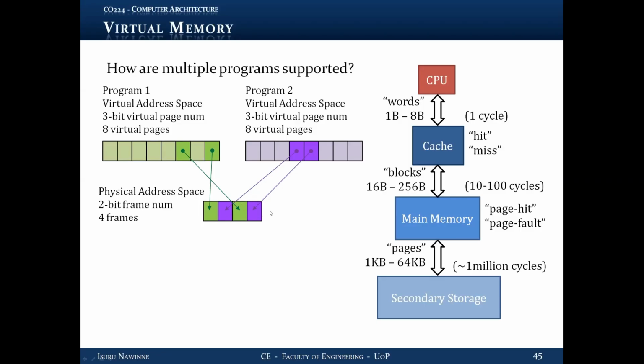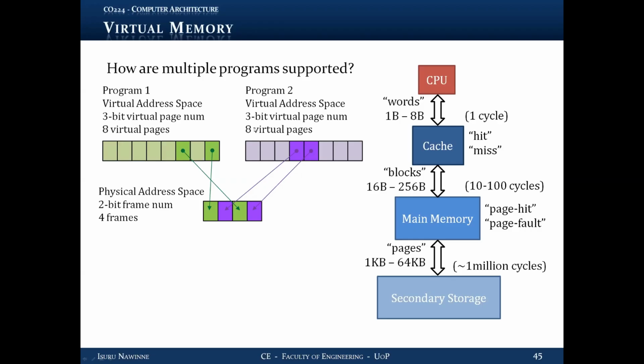So the memory is full. Note that the memory is full, and you can see that some virtual pages are not highlighted. Only the 2 virtual pages that are available in the memory, or mapped to physical frames in the memory, are highlighted. The same with program 2. So these highlighted pages are present in the memory. We say these are active pages, right? So that means the program at this point in execution is currently using data words which are in these pages, in the active pages.